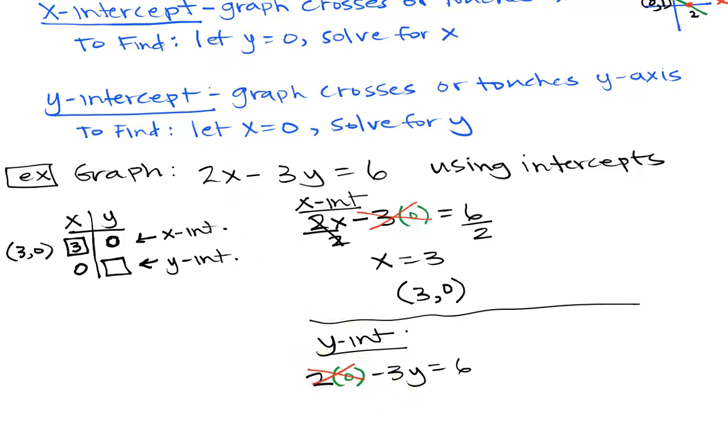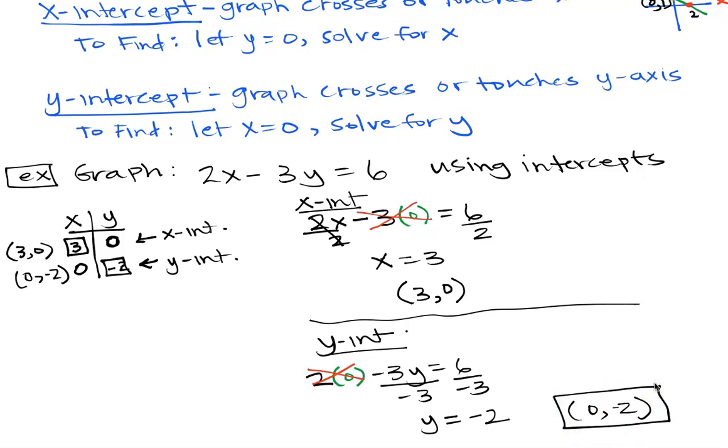And so I'm just left needing to divide by -3. When I do that, I get y equals -2. Now I can write that as an ordered pair also: 0, -2. So make sure you watch the directions closely. If it asks you to write as an ordered pair, make sure you write it like that.